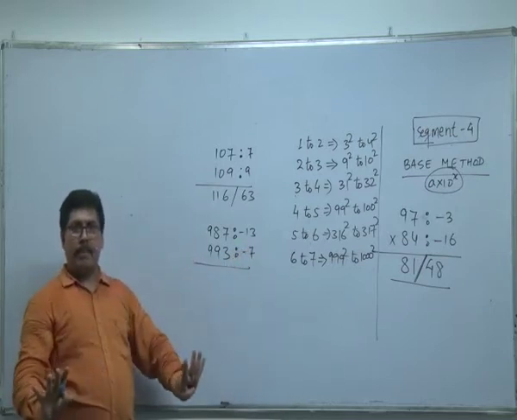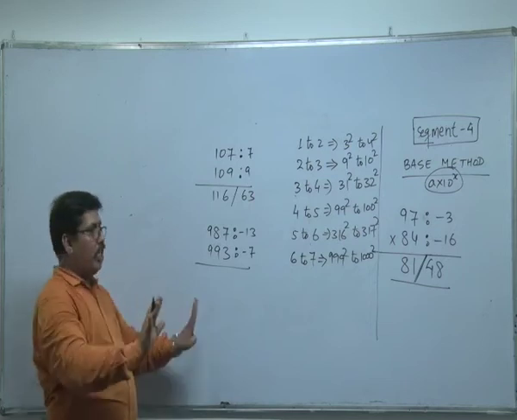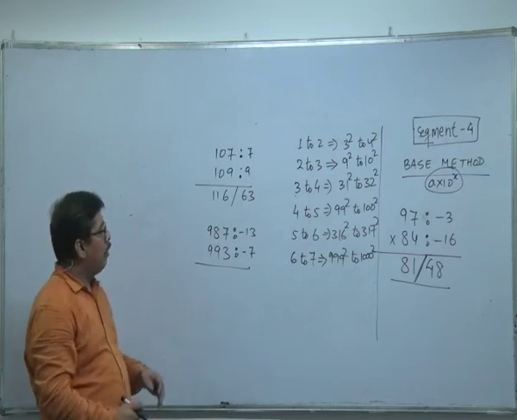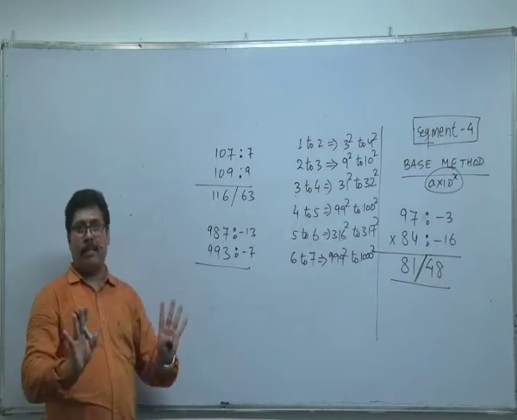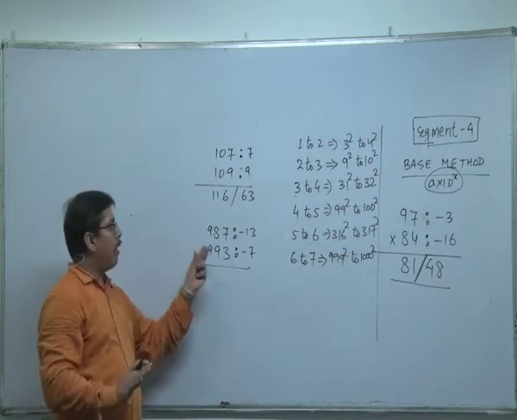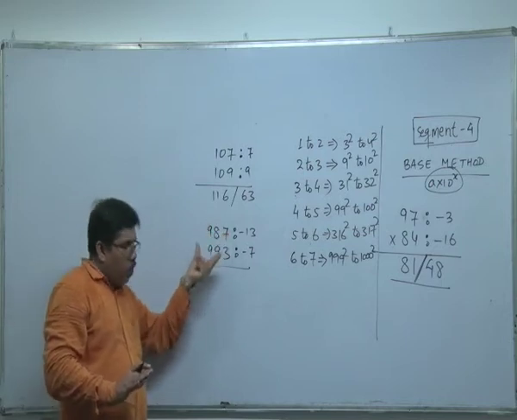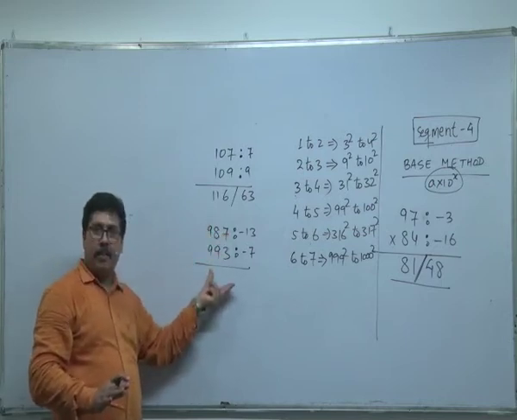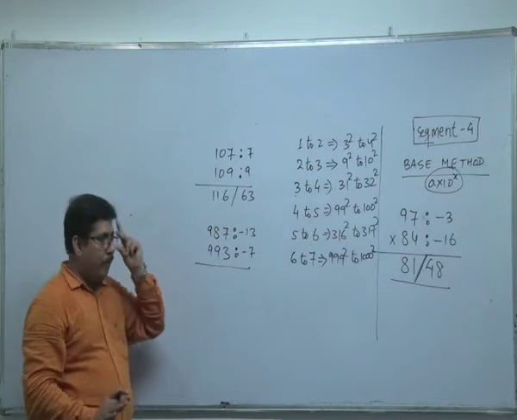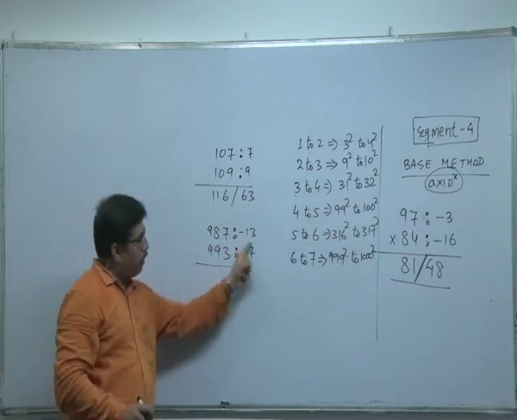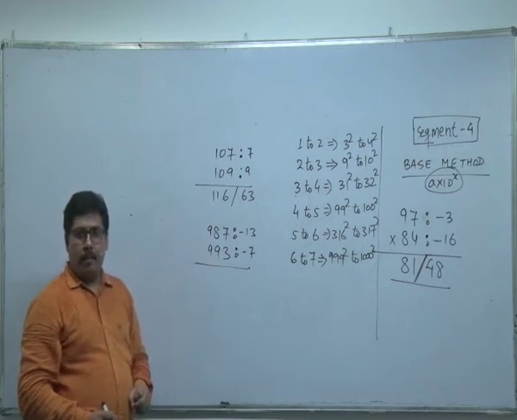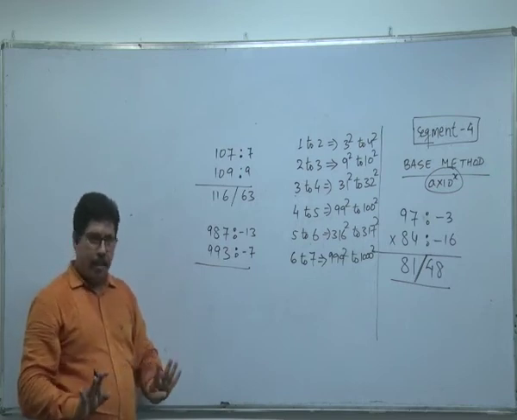That is my step number 1. There is no change in the rule or in the algorithm. Our algorithm is fixed. Our step is to subtract the base from each of the multiplicands.